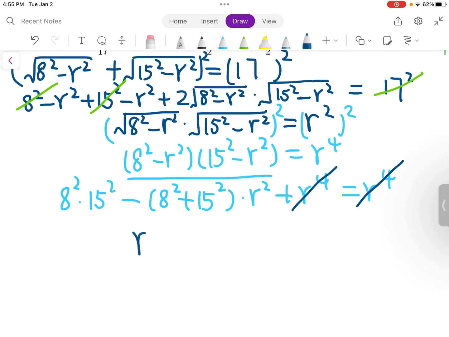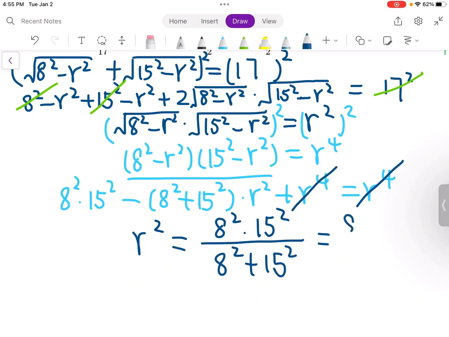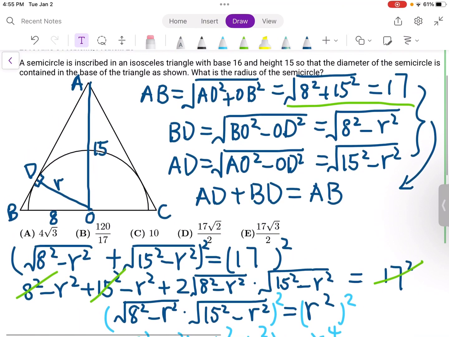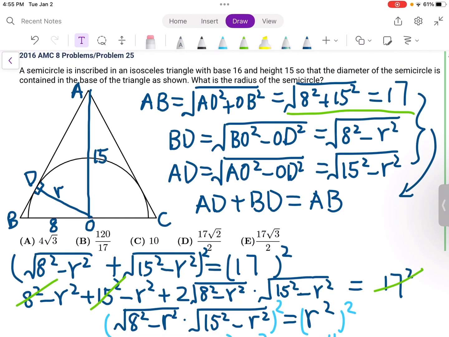Then it becomes R squared equals 8 squared multiplied by 15 squared divided by 8 squared plus 15 squared. And that becomes 8 squared multiplied by 15 squared divided by 17 squared. Therefore, R equals 8 multiplied by 15 divided by 17. That's 120 divided by 17. Now let's go back and look at the answers here. So it should be answer B.